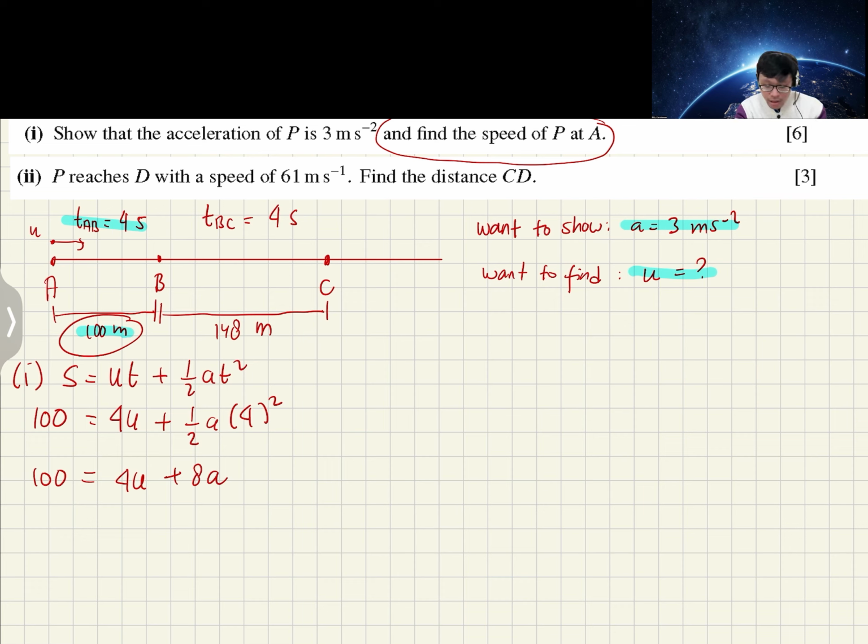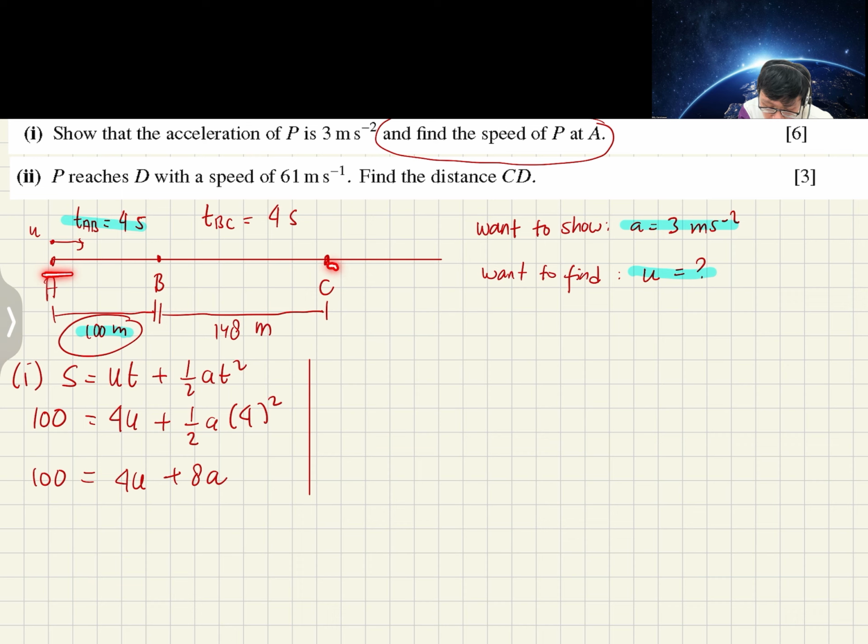Now, after that, we can use the second information. We know that from A to B is 100, from B to C is 148. So we can calculate the equation for A to C. So this is the equation for AB.